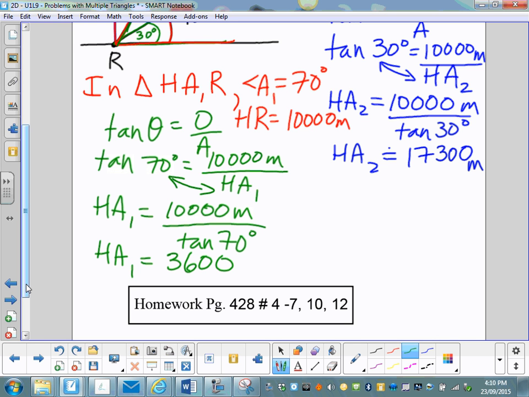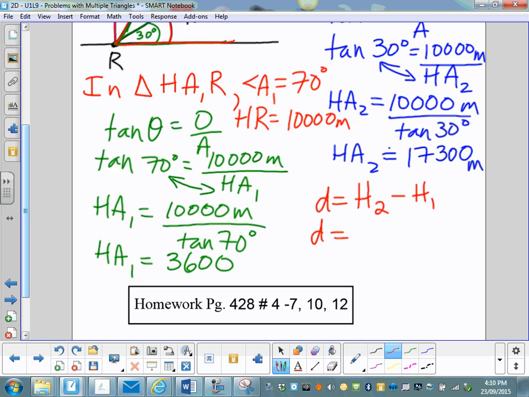So to figure out D, we said at the beginning, just got to switch to red here so you can differentiate each one. So D is equal to H2 minus H1.